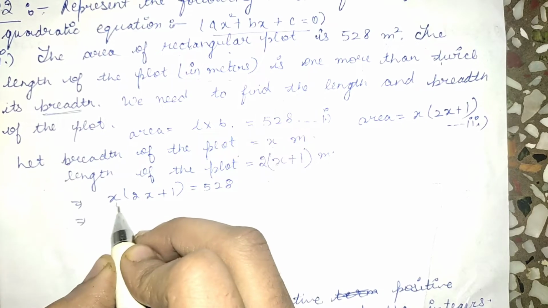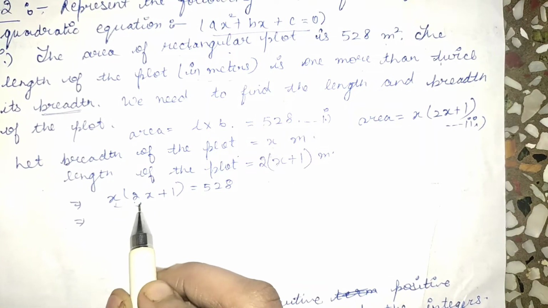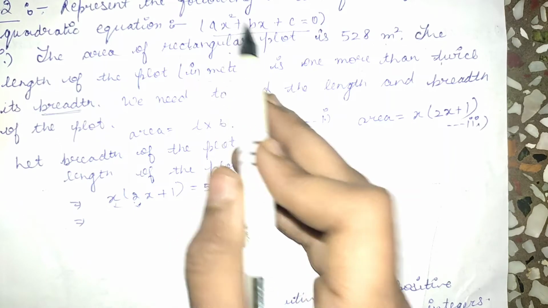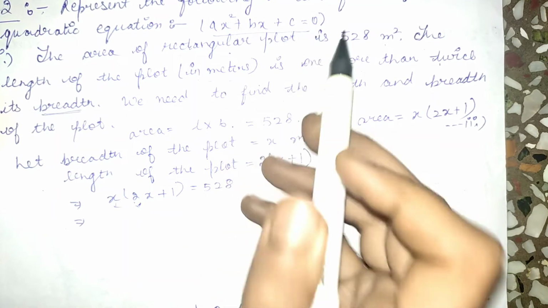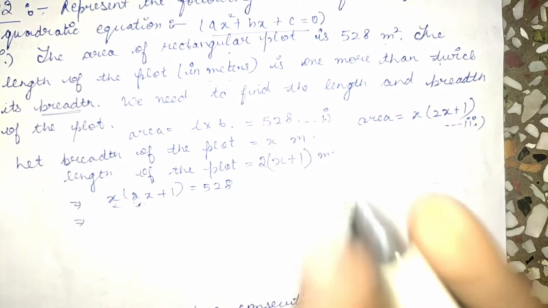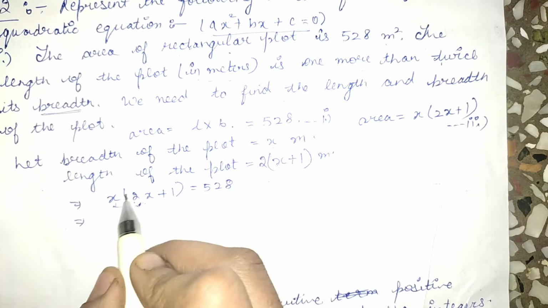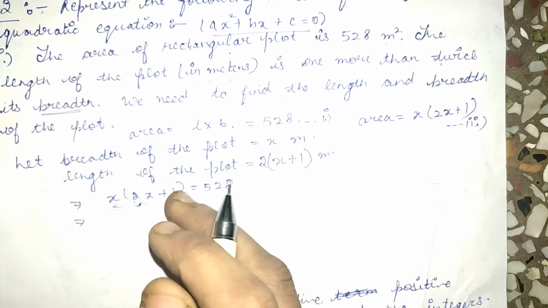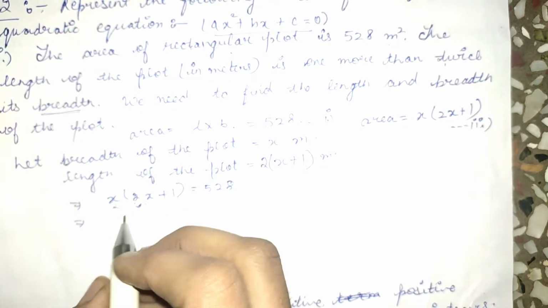right? Now we have to simplify this because we have to represent our equation in the form ax square plus bx plus c, the standard form of a quadratic equation, but this is not our standard form. So we will simplify this equation as we have done in the previous questions, where we were given these types of equations and we had to simplify them and convert them into quadratic equations, right?